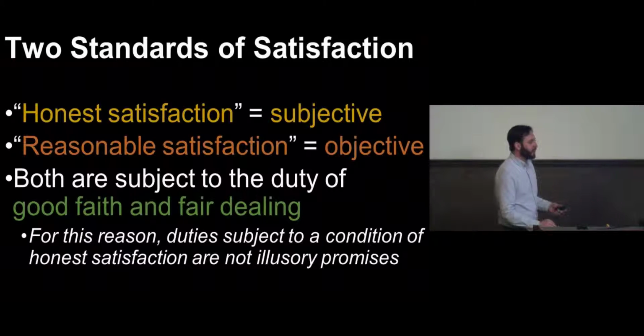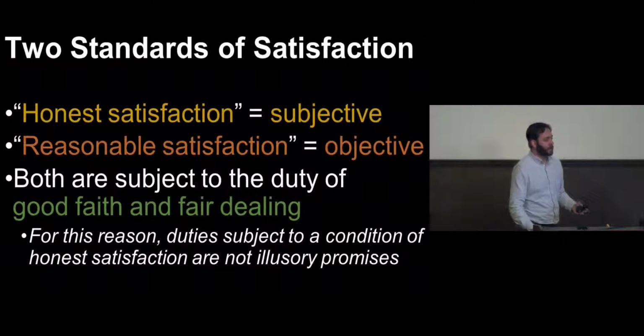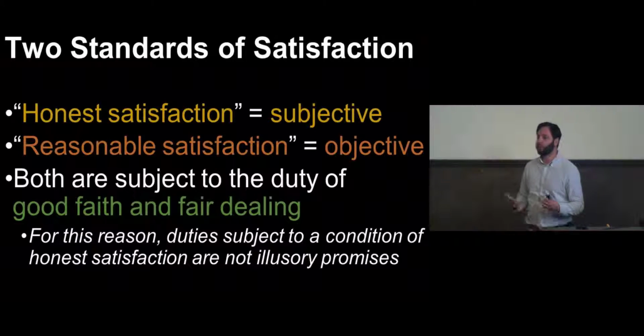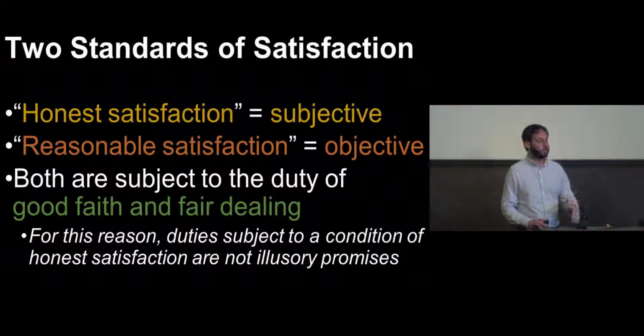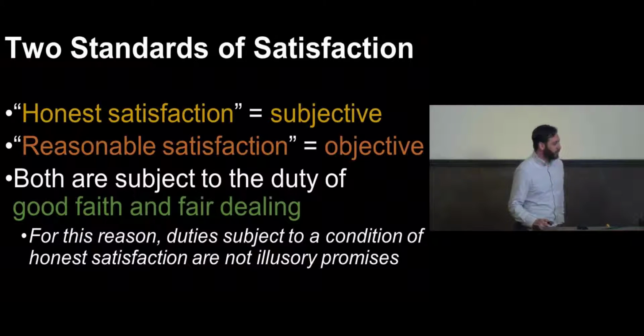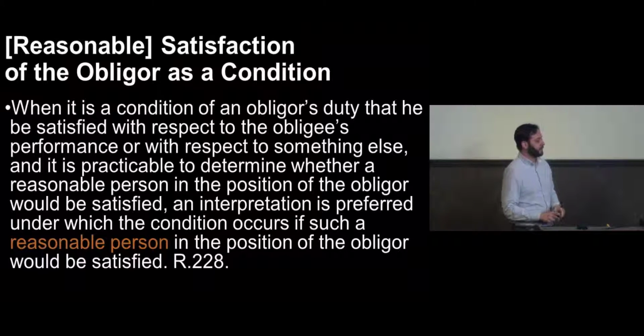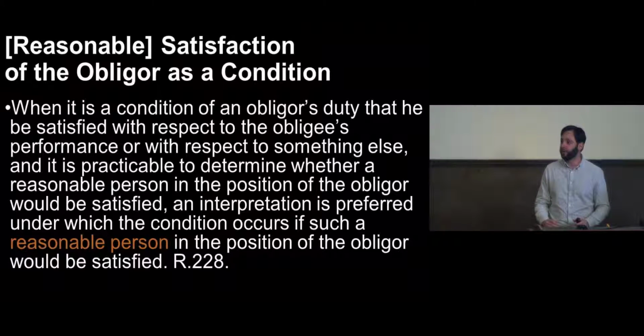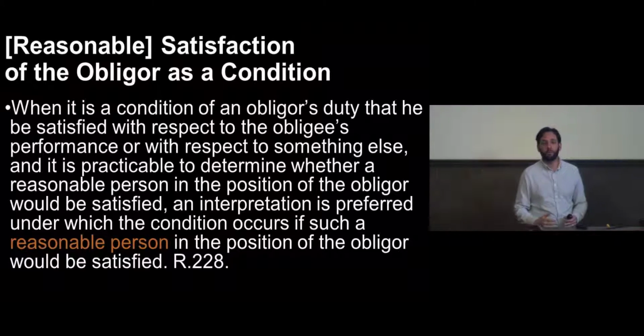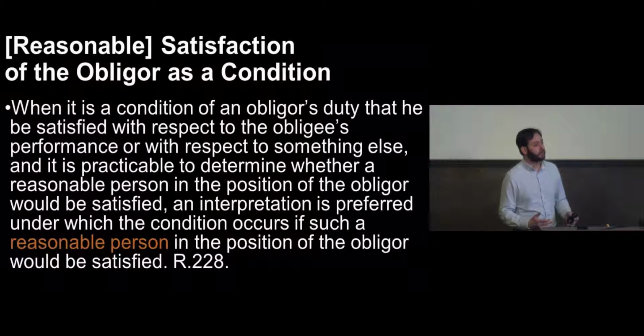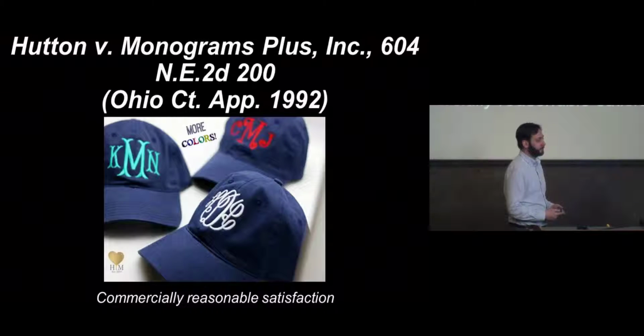So we have honest satisfaction, satisfaction in fact, which is subjective, and then we have the concept of objective satisfaction, reasonable satisfaction, which relates to whether a person in that position would reasonably be satisfied, both again subject to the duty of good faith and fair dealing. The restatement in 228 makes it clear that objective or reasonable satisfaction is preferred. When at all possible, we will take an objective approach to satisfaction because it's so hard to determine if a person was satisfied in fact.